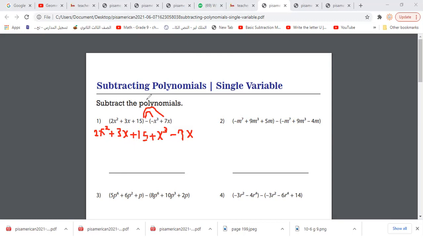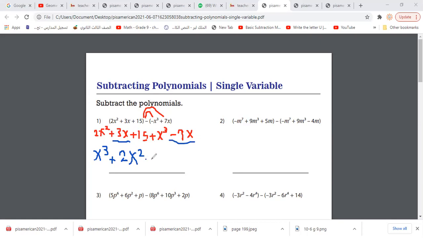Which means we will drop down the rest the same. And if you want to rearrange them from greatest to least, you are welcome. Then you can put x to the power of 3 without partner. And then we have 2x squared. We don't have a partner for 2x squared. It will be the same. And we have 3x minus 7x.